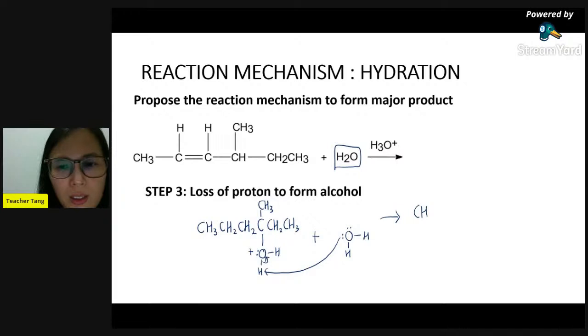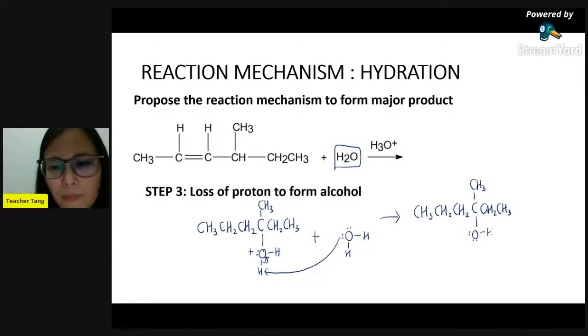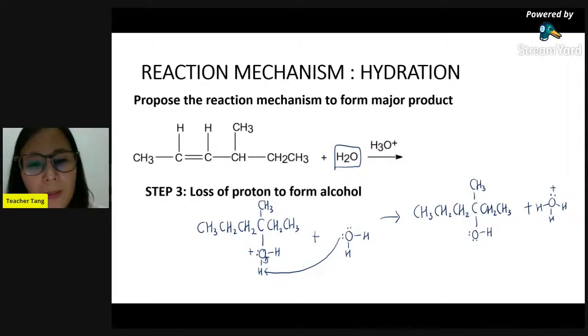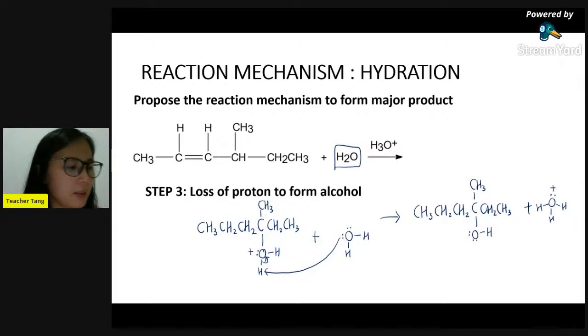Then you get the alcohol. And also water will be generated at the end of the reaction. Sebab step number 1 you gunakan dia, in the last step you generate dia balik.